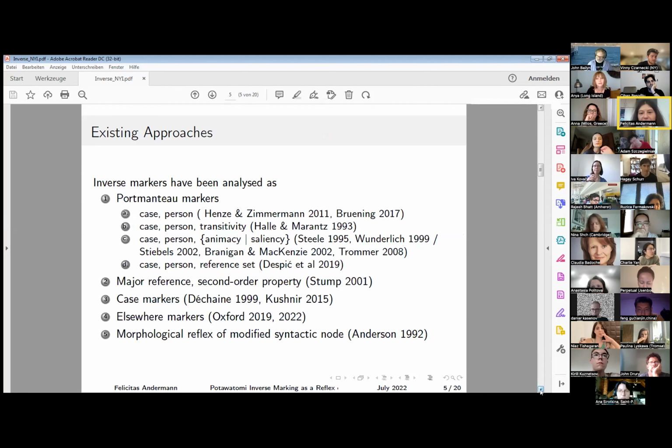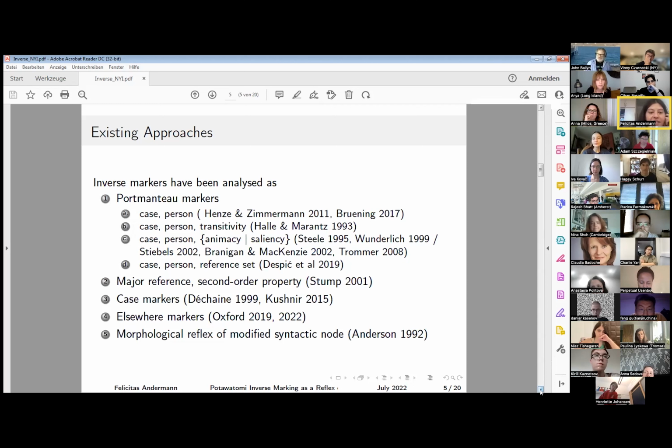This kind of inverse marking has been analyzed in a number of approaches, which all differ as to which grammatical category the direct and inverse markers actually encode. They have been analyzed as portmanteau markers for case, person, transitivity, case, person, animacy or salience, case, person, reference set.